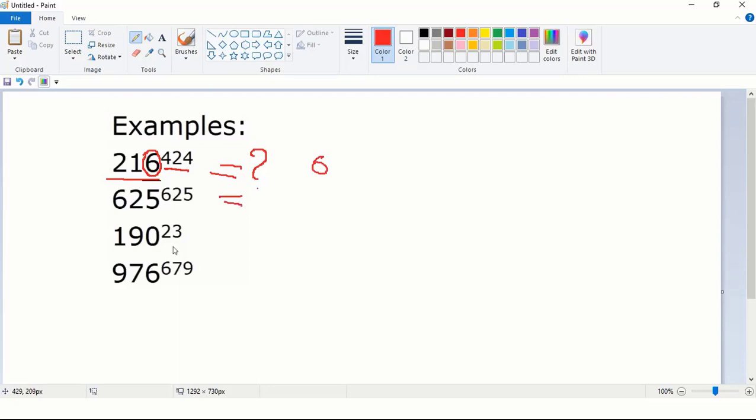Now here 625 is the base and the power is 625. What will be the last digit of the answer? Same, 5. Here 190 is one base whose power is 23. What will be the last digit of the answer? Answer is 0. Now 976 is one number whose power is 679. What will be the last digit of the answer? Answer is very simple, it will be 6.